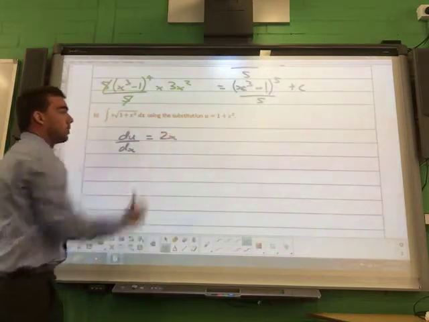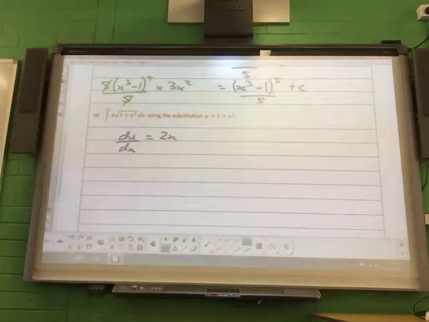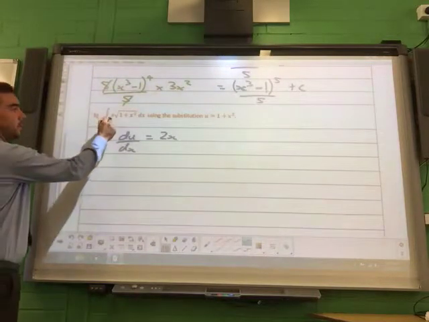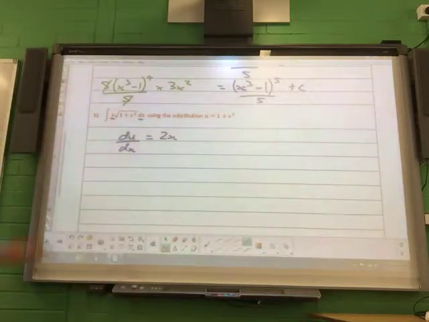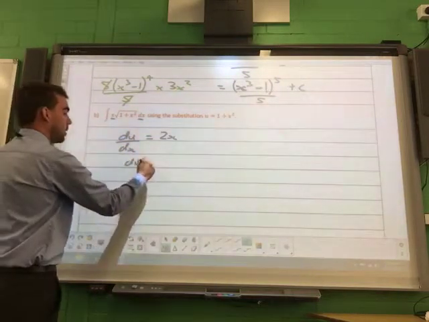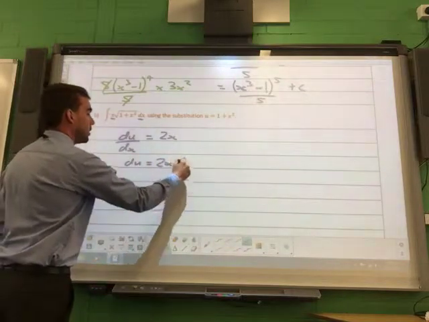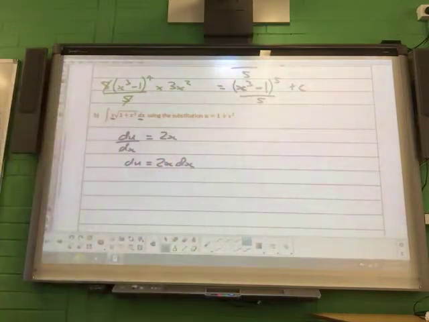When I differentiate 1 plus x squared, I get 2x. So in the actual function, I've got x and dx, so I've got du is equal to 2x dx.